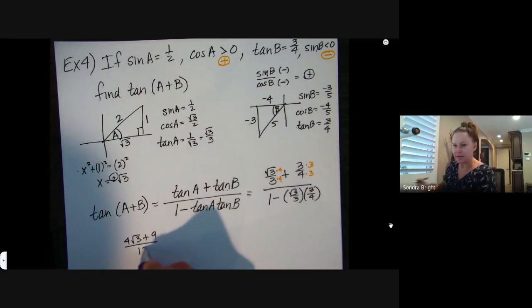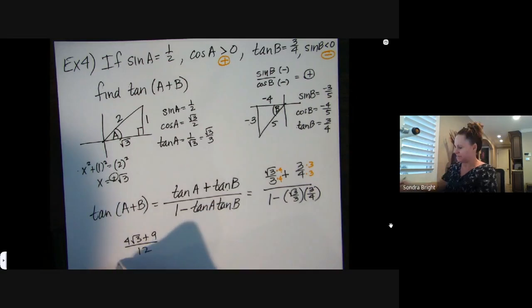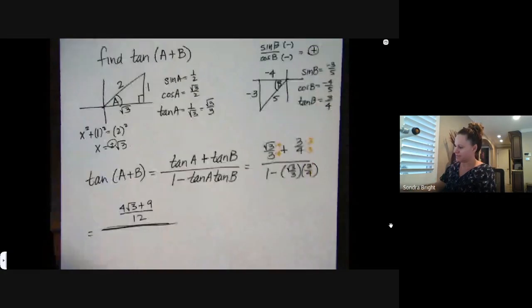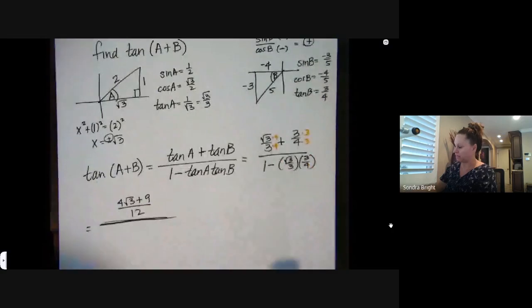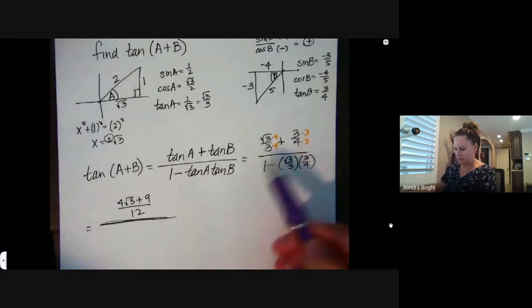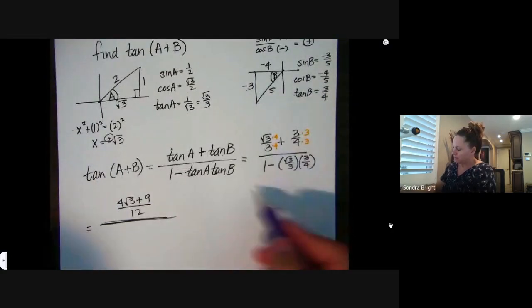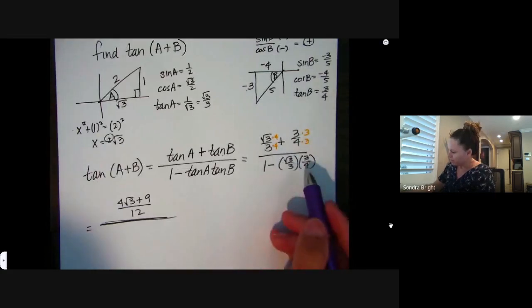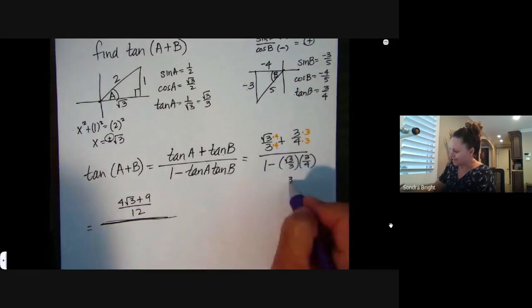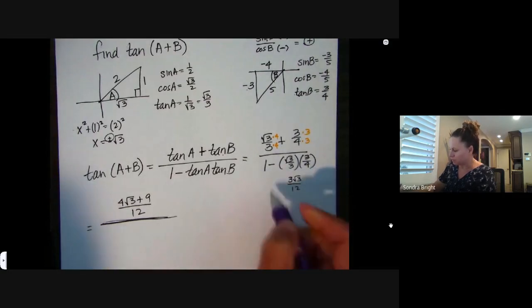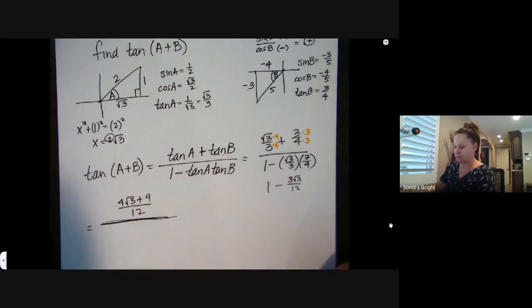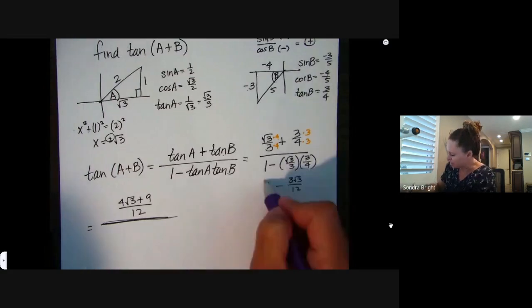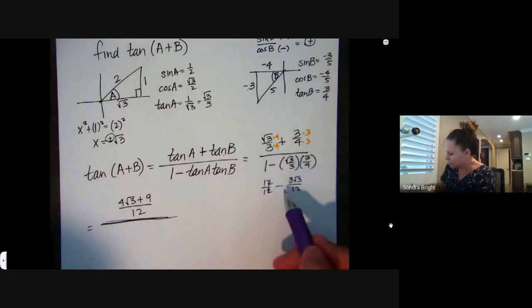That was just the numerator. 4 rad 3 plus 3 times 3 is 9 over 12. Bottom will become, well, this would be a 3 rad 3 over 12, but it's a 1 minus, so I would go 12 over 12 minus 3 rad 3 over 12. So this becomes 12 minus 3 rad 3 over 12.